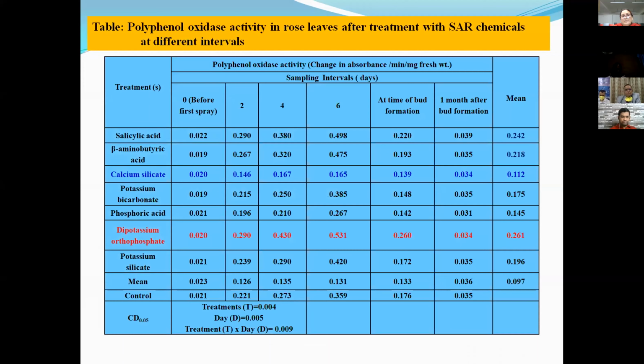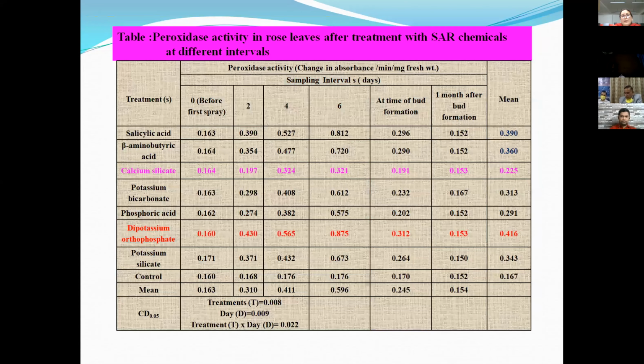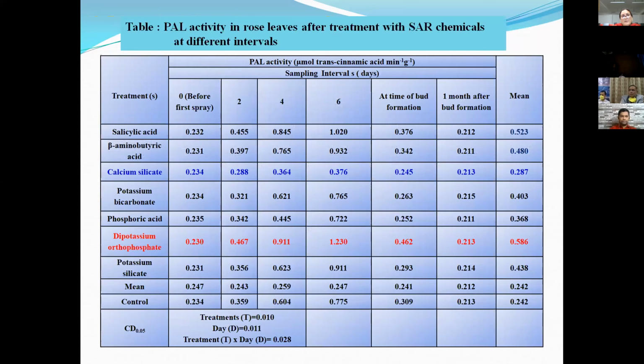And a similar trend we have seen with polyphenol oxidase activity, which was highest in potassium orthophosphate at 0.531, salicylic acid 0.498, and similarly aminobutyric acid 0.475. And peroxidase activity in rose leaves was also recorded highest. A similar trend has been observed in almost all the enzymes which we have investigated.